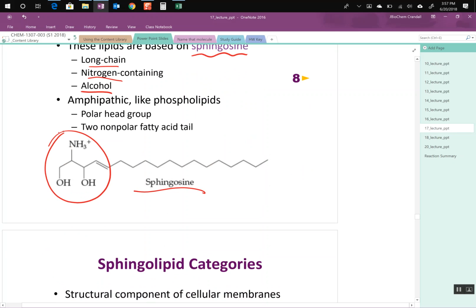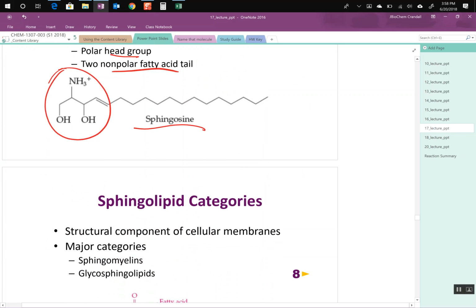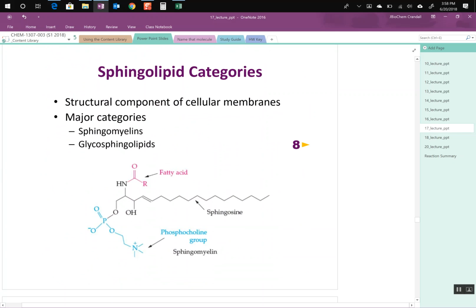Okay, they also have the polar heads and the nonpolar tails. So they're amphipathic, having both parts to them. These are structural components of cellular membranes as well, but the phospholipids are really what's going to create the cellular membrane, and these can be kind of embedded parts of that.